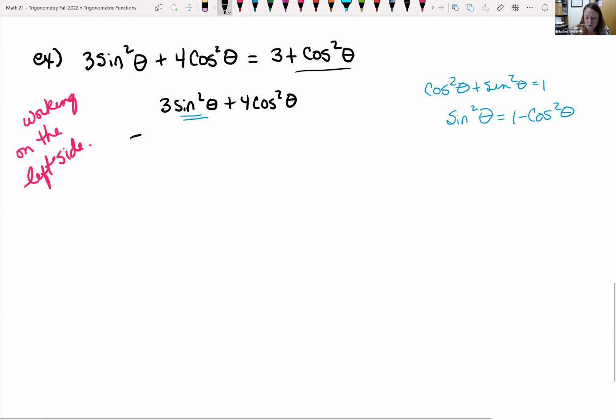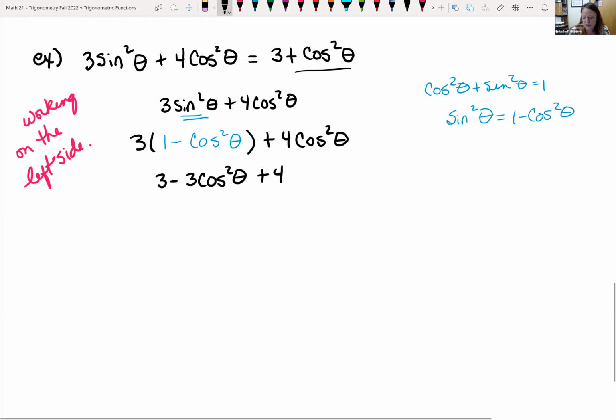So that would give us 3 times that quantity, 1 minus cosine squared theta, plus 4 cosine squared theta. So now distributing our 3 to both terms in that parentheses, we have 3 times 1 is 3, minus 3 cosine squared theta, plus 4 cosine squared theta.